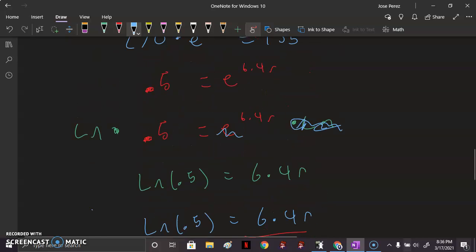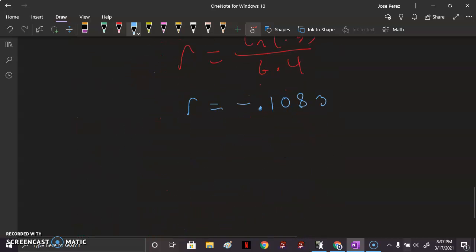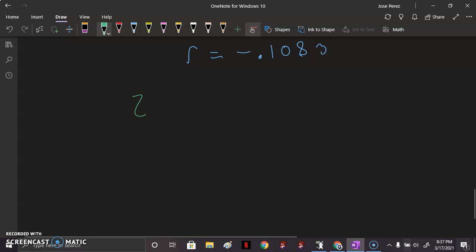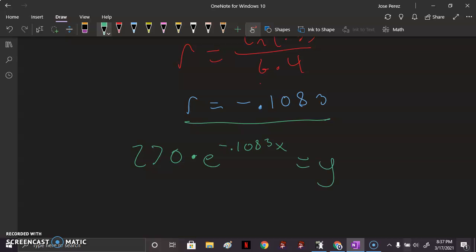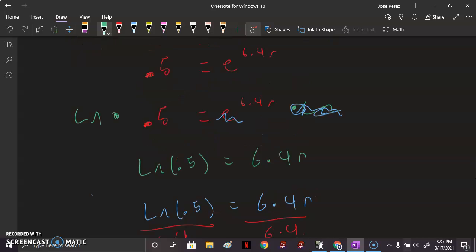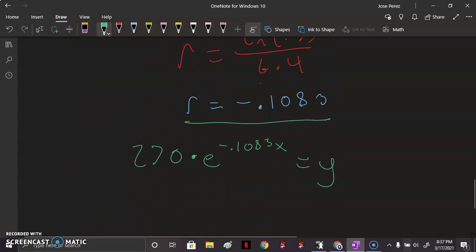And in our model, our whole model for this would be 270 times e to the rate, which is this. This is not our answer, but this is our model, which will be negative 0.1083x equals y. And this is our model, so let's keep this in mind.